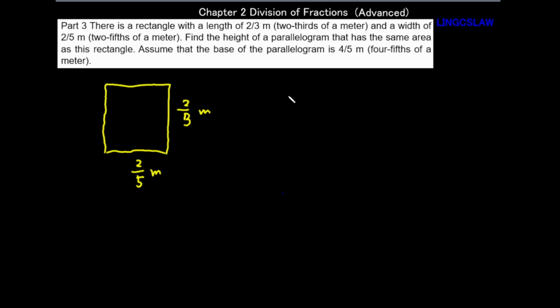And find the height of a parallelogram that has the same area as this rectangle. Assume that the base of the parallelogram is 4/5 of a meter. So the base is 4/5 of a meter.